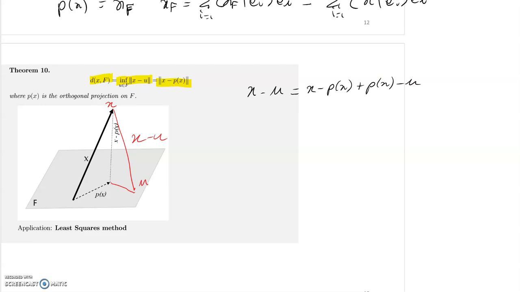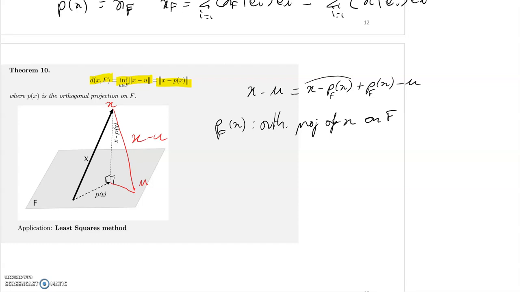And let's say that p_F of x is the orthogonal projection of x on F. So what do we have? We have orthogonality, that's what it's for.